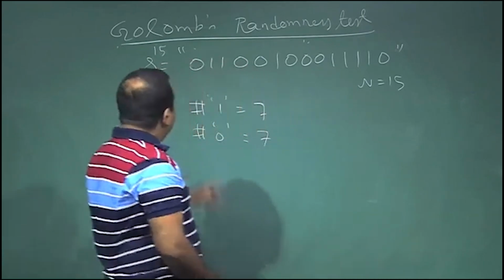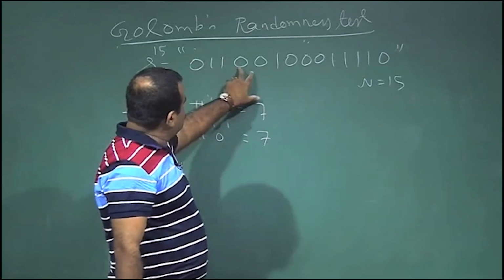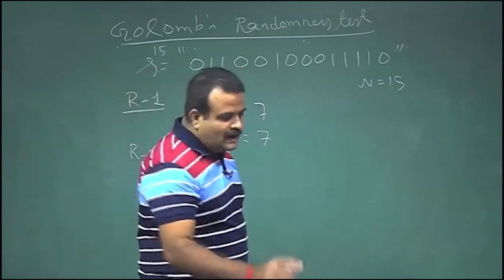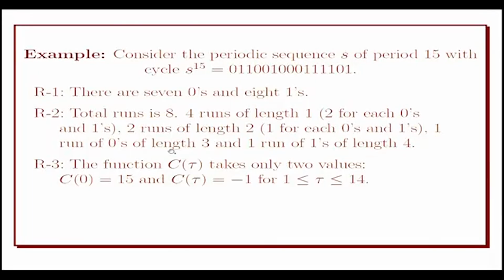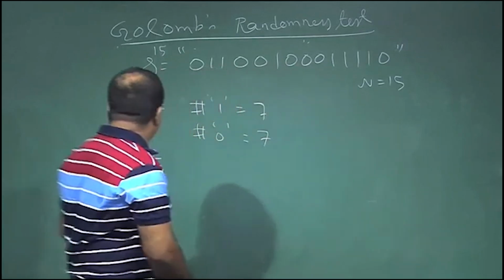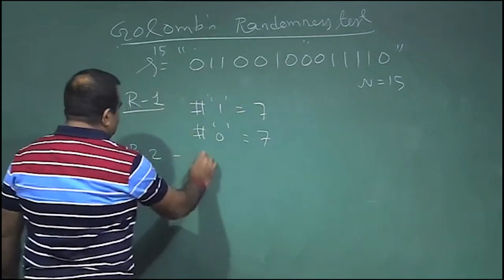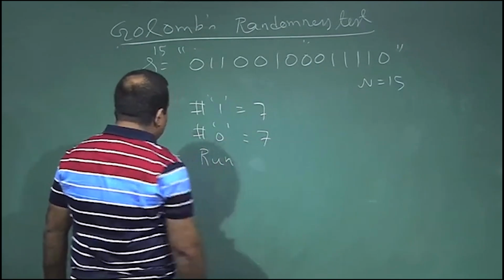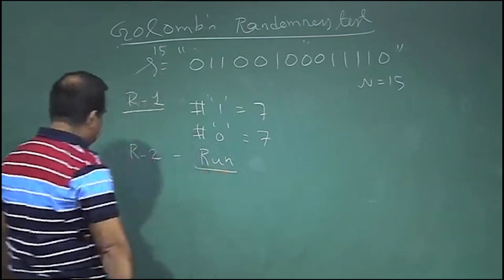So, 2 of the runs should be of length 2. This is one run of length 2, this is another, and 1/8 of the runs should have length 3; 1/8 means only 1. So, this is the one. So, the rules regarding the runs are satisfied.